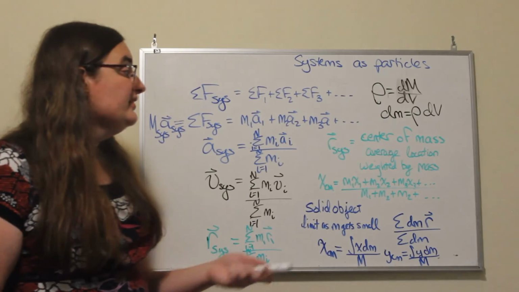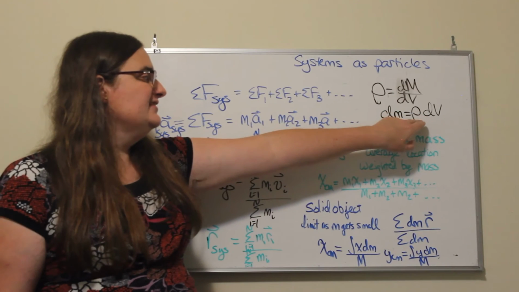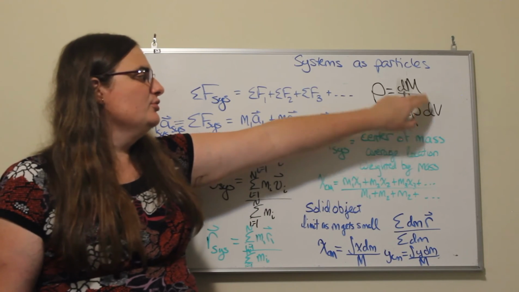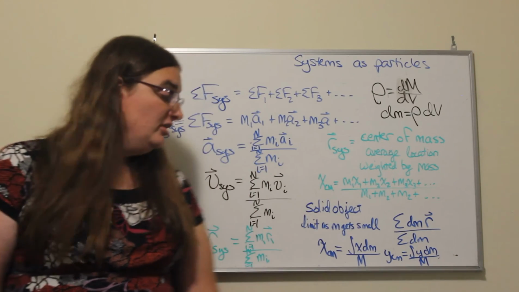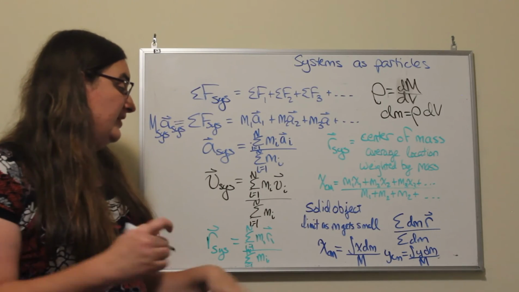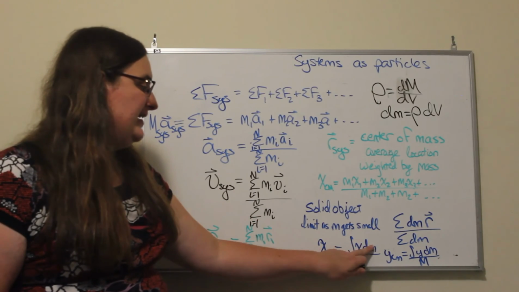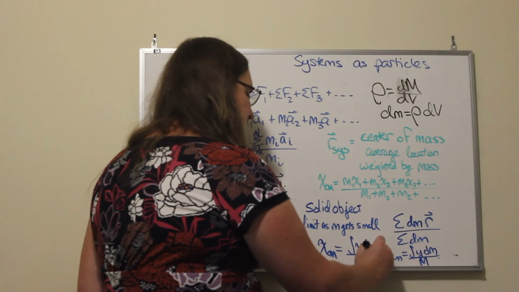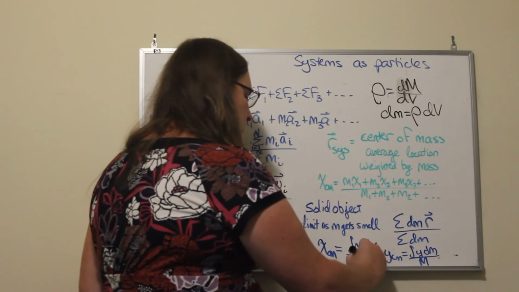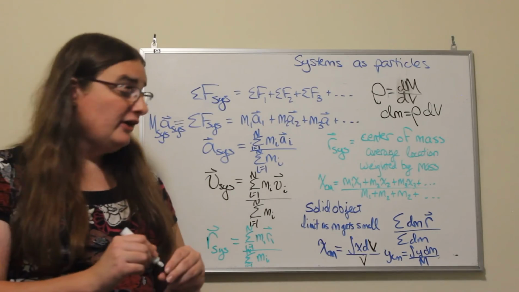But if we're just dealing with a uniform solid, it would have a density that's just equal to the total mass divided by the total volume of our object. So if that's the case, then in terms of density, the x-coordinate of our center of mass would just be equal to the integral of x with respect to volume divided by the total volume of our object.